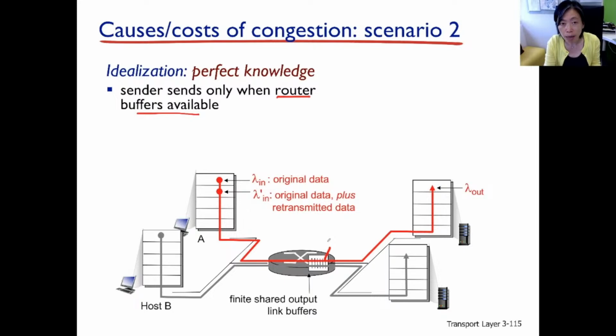Right? So this is when the sender has perfect knowledge of the routers in the middle of the internet. Now in this case, there's no need for retransmission either, so lambda in prime is essentially the same as lambda in, and lambda in is essentially lambda out. So you see the same curve. We could have lambda in increasing, and we get the same lambda out up to the capacity of the link.